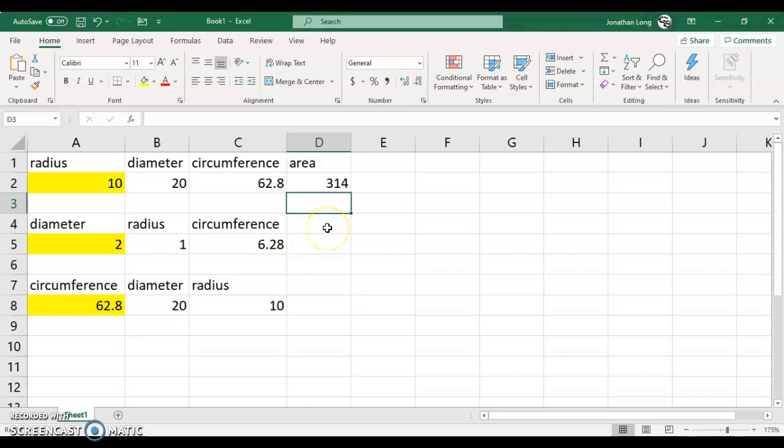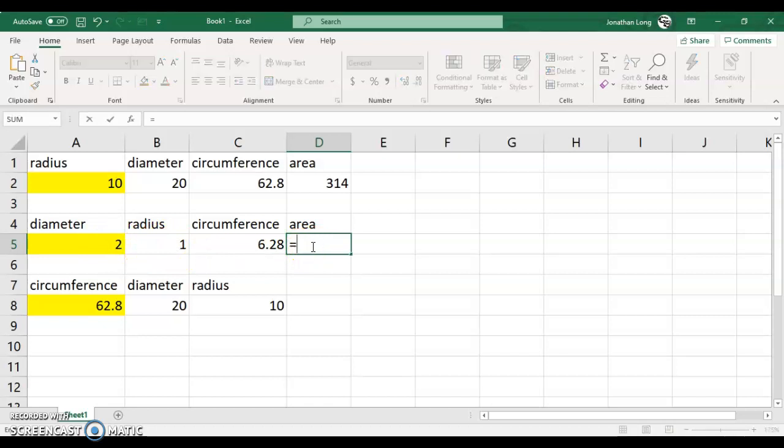All right, let's go down here. Same thing, area. Now, if you're given the diameter, I'm still going to take this formula, but not off the diameter, but off the radius. So equals 3.14 times Shift 8, the radius.